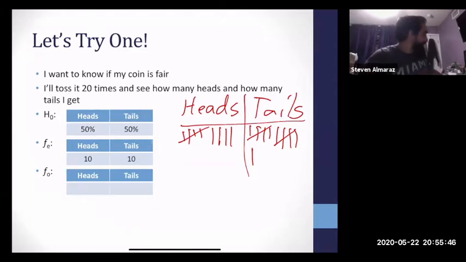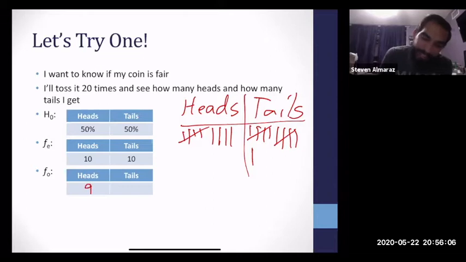This is a very good way to show how, statistically speaking, the most likely thing to happen is that it would be 10 and 10, which is why that's the expected frequency. But let's just pretend it was 11 and 9. So let's say that our observed frequencies are 9 heads and 11 tails.